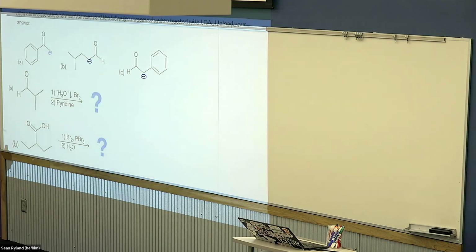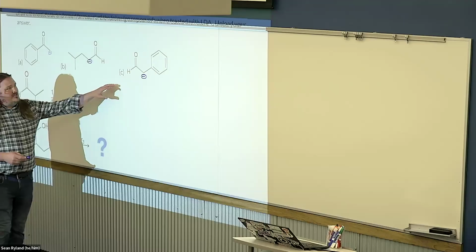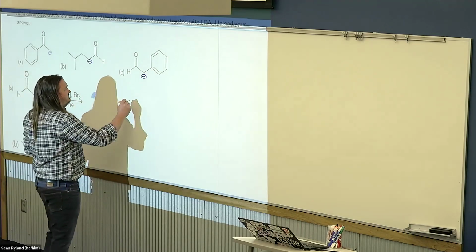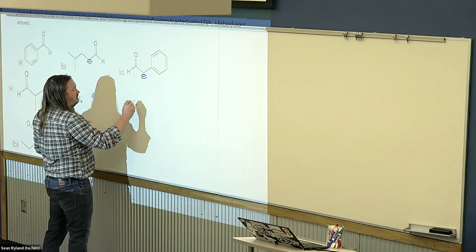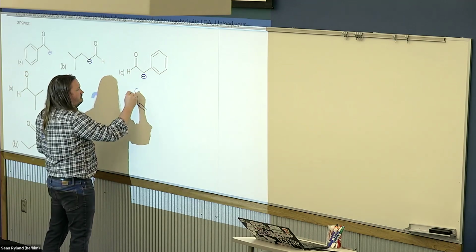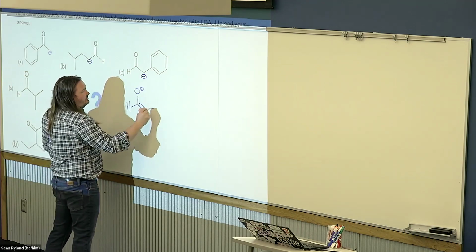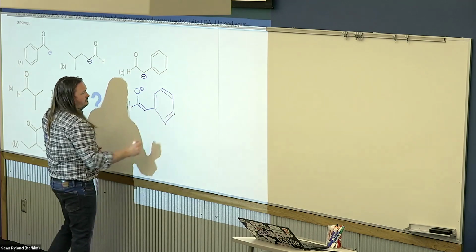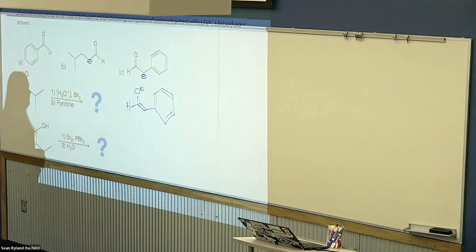But these are the more reactive resonance structures. Remember, each one of these has a different resonance structure as well, right? It's gonna look like a negative charge on the oxygen, with a double bond to carbon.